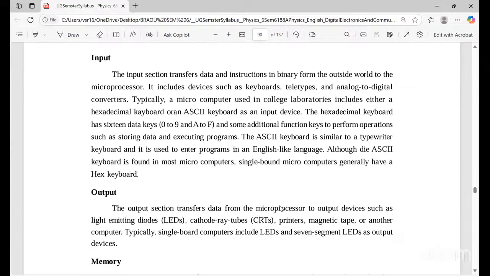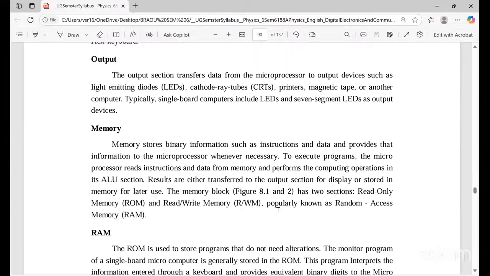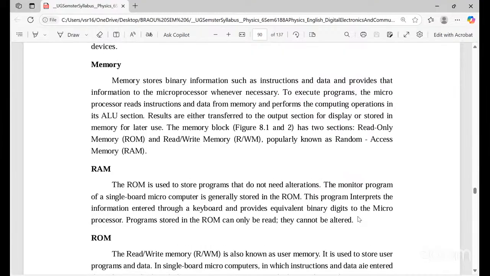Okay. So what outputs mean, you know pretty well. The output section transfers the data from the microprocessor to the output devices, such as LEDs, CRTs (cathode ray tubes), printers, magnetic tapes, and another computer. A single board computer includes LEDs and 7-segment LEDs as output devices.